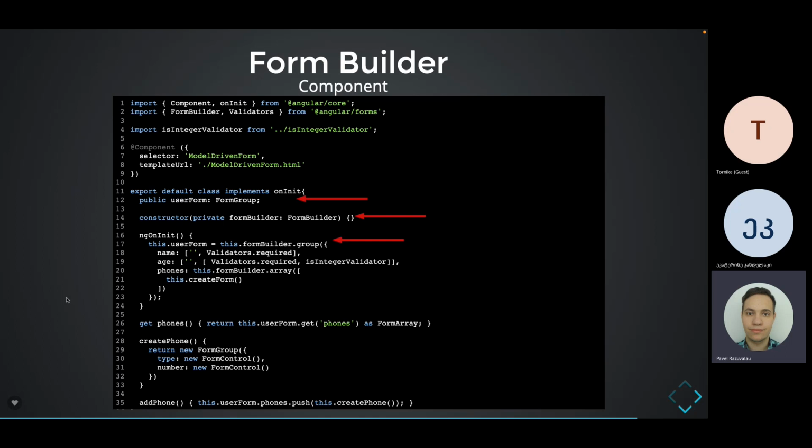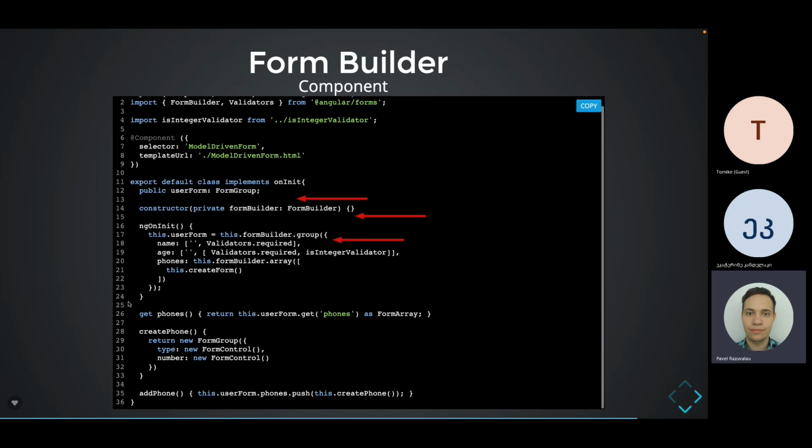As for the name control, this will be required. The age control has two validation rules: along with required, we're checking that the entered value should be an integer. And for phones, for our contact info, we initially create an array with one element.